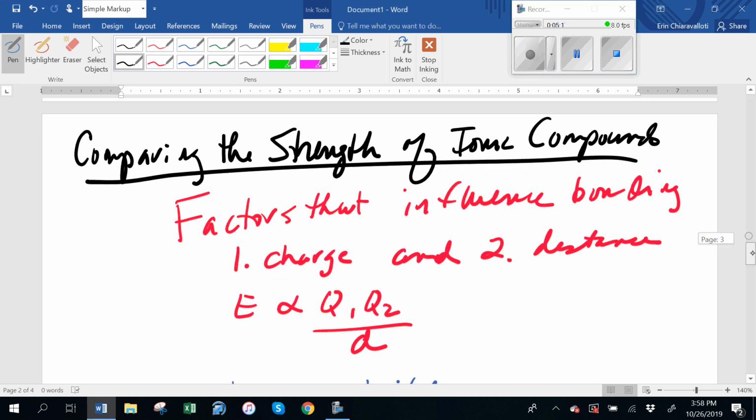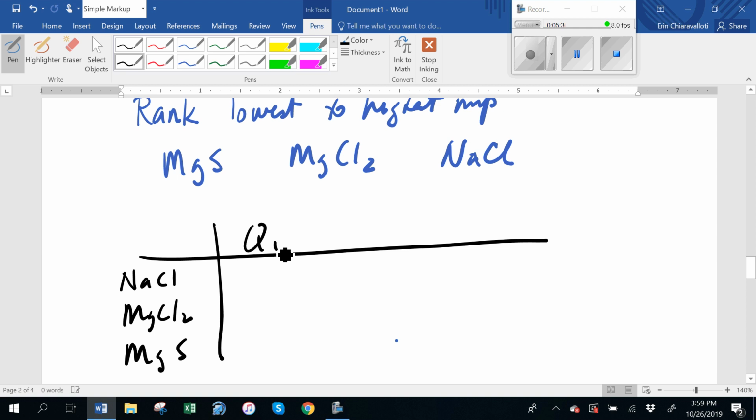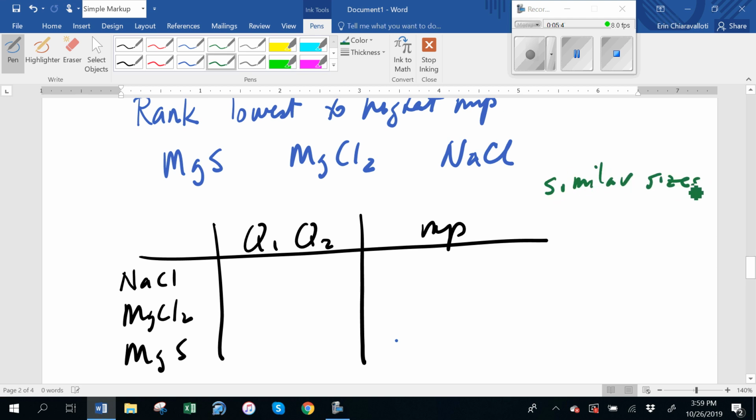So it's kind of easiest to look at a chart where we have NaCl, MgCl2, and MgS. So Q1, Q2, and we'll figure out what their melting point is, right? Because when we're looking at this particular group, we are looking at similar sizes, but different charges, right?